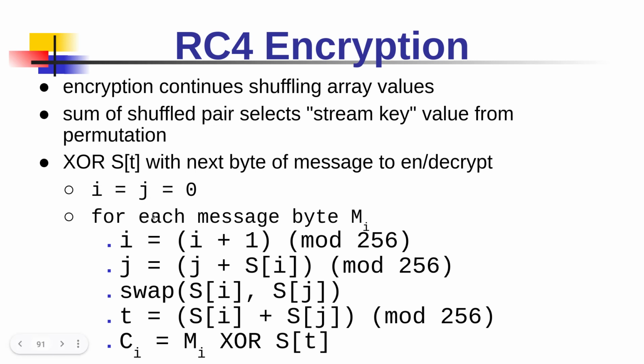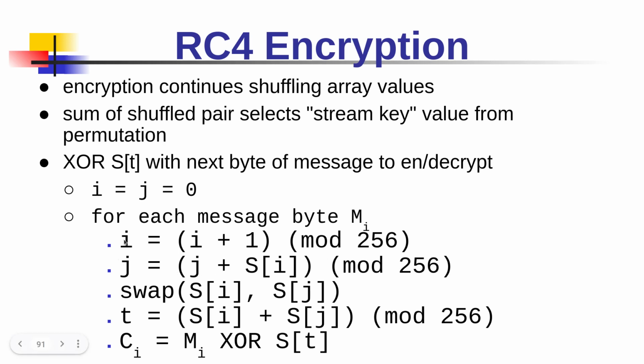Then for each byte m of i, we calculate i is equal to previous i value plus 1 mod 256. The j value is calculated as j plus S of i, taken from the state array, mod 256.